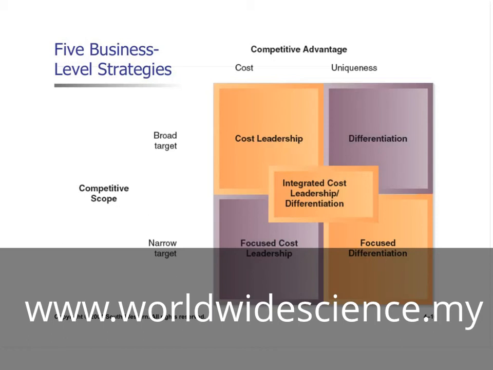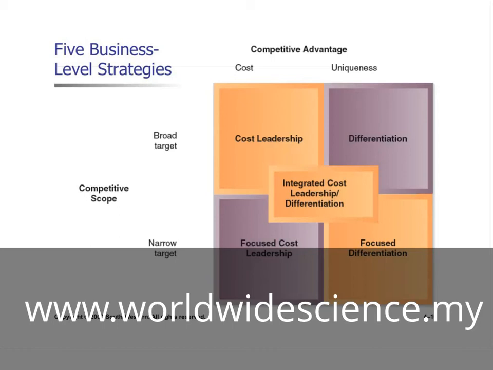But at the center, if you look, you'll see integrated cost leadership and differentiation. So what we talked so far, like the first column, the second column, those are for the days that everything was pretty clear, that you would just go for the cost and the broad target, or uniqueness and a broad target.